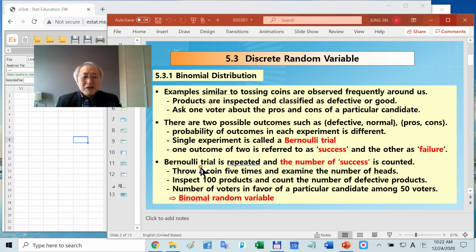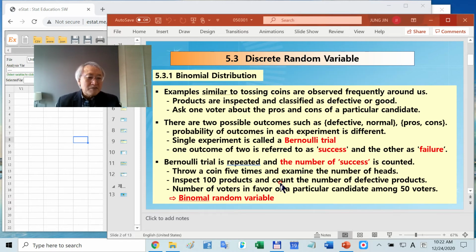Well, what I mean is it can be extended. A Bernoulli trial can be repeated over and over, and then we count the number of successes. When you toss a coin 2 times, we count the number of heads. Throw a coin 5 times and examine the number of heads.